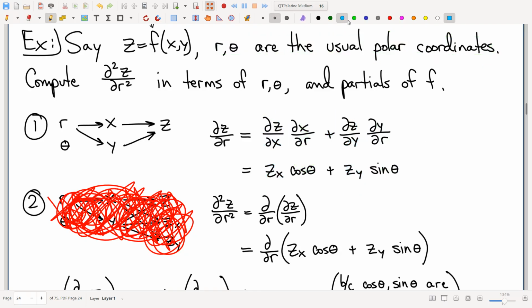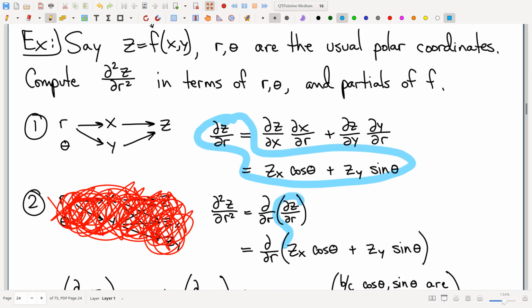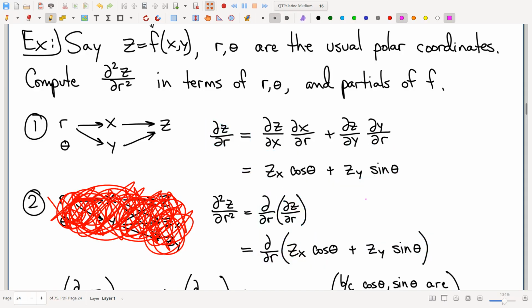Well, we computed the first partial with respect to r because the second partial is just the r partial of that r partial. Cool. Right? Okay. Alrighty. Well, how are we going to deal with this?